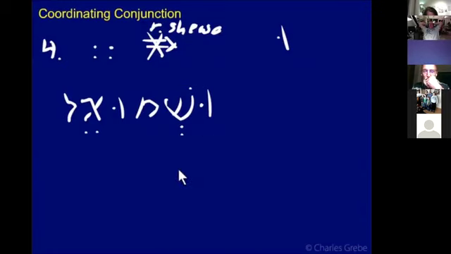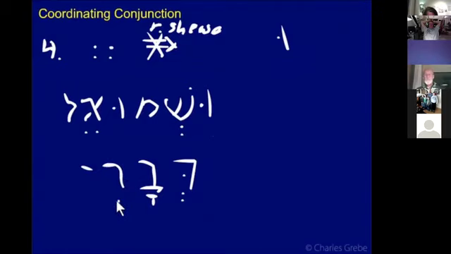Similarly, let's take a look at Devarim. We add a vav there. What's going to happen? It's not going to obey the rule of shva.